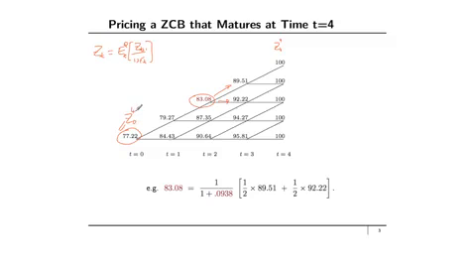More generally, of course, we could have priced this bond as follows. We know from our risk neutral pricing that Z0 over B0 equals the expected value at time 0 using the risk neutral probabilities of Z4 over B4. If you recall, this was our risk neutral pricing expression for any security that did not have intermediate cash flows, and certainly a zero coupon bond is such a security.